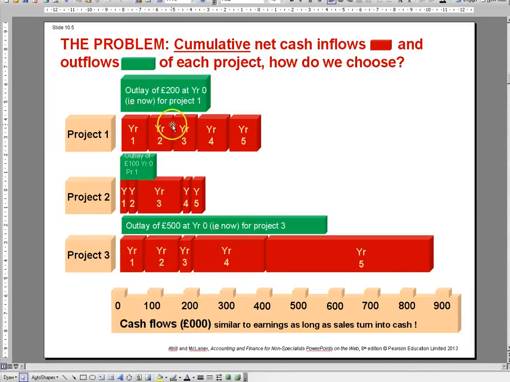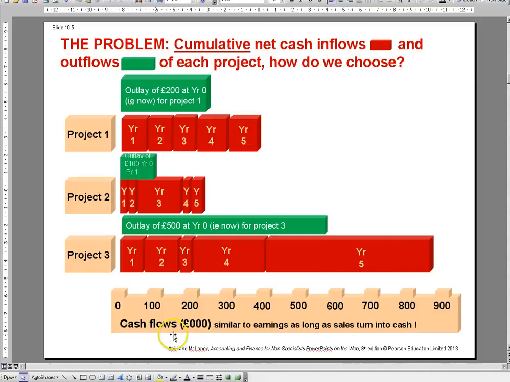So it's not only the amounts and the difference between the returns in red and the outlay in green, not only that difference, but also the timing of the inflows. Some are pretty immediate, as here. Some are greatly delayed, as there.